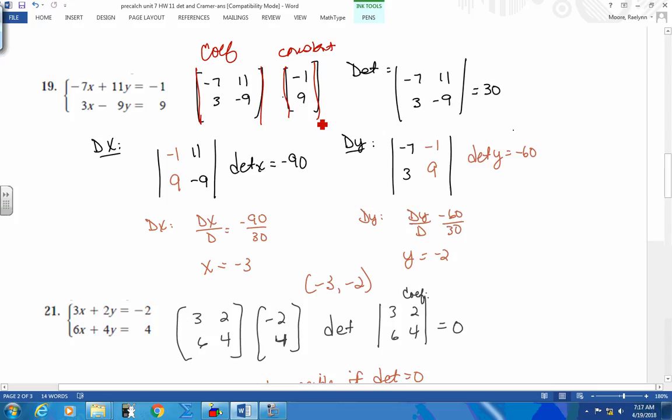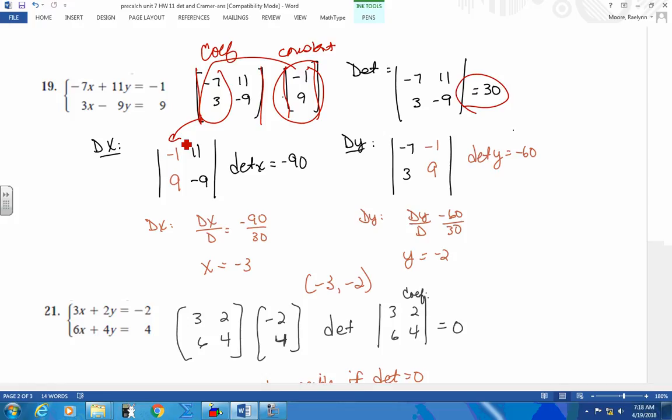That's the big determinant. And replace this column with the x and find the x determinant. Set it up so that you make a ratio, solve for x. Then do the same with the y. Take this column, put it in the second one, where the y is. Find the determinant, find the y.